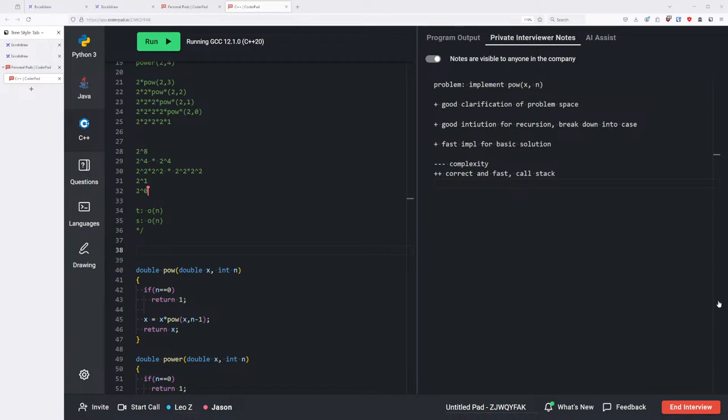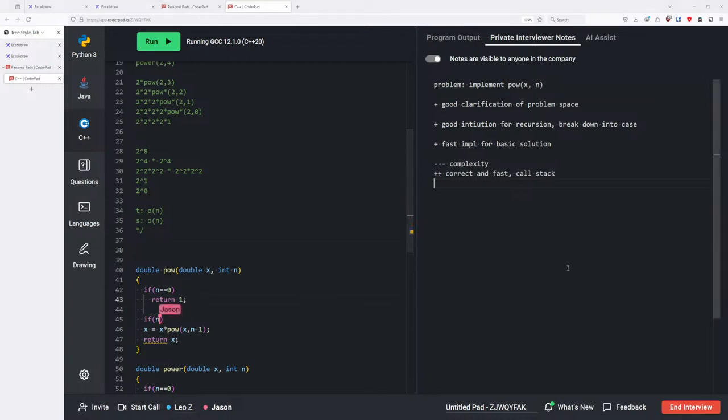Okay. So over here, I think we need to check if n is even or odd, right? So let's say if n is odd, then I think we can just return this bar right here.